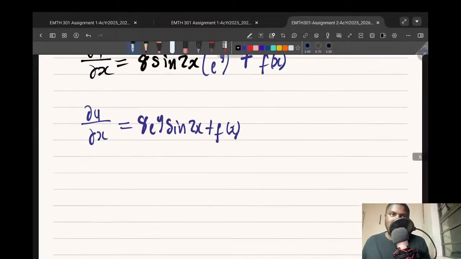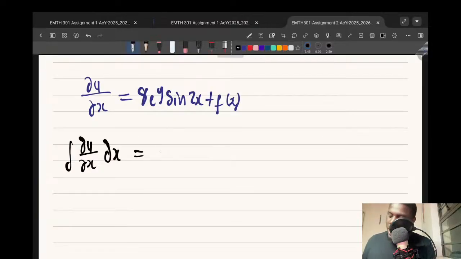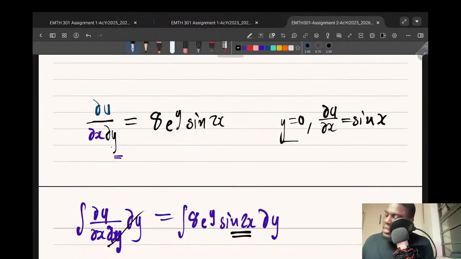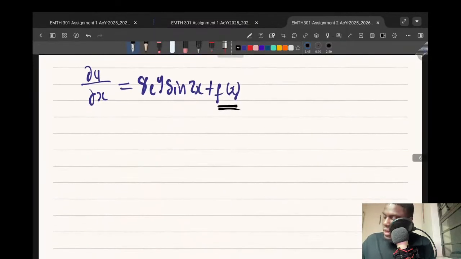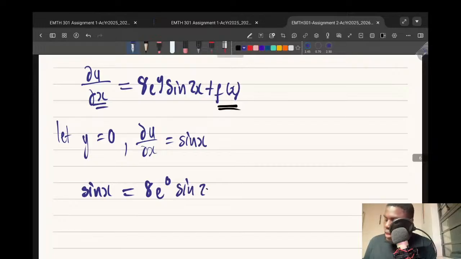Now, before we integrate del u del x with respect to x again, we need to find this f of x. So we take the conditions: y is 0, and del u del x is sine x. Wherever I see del u del x, I put sine x. So sine x is equal to 8e to the 0, times sine 2x plus f of x.